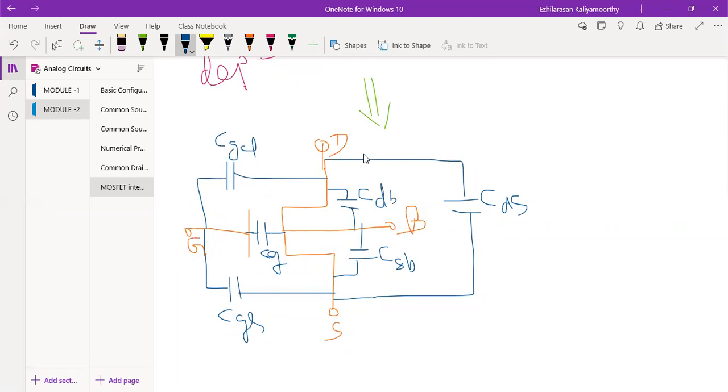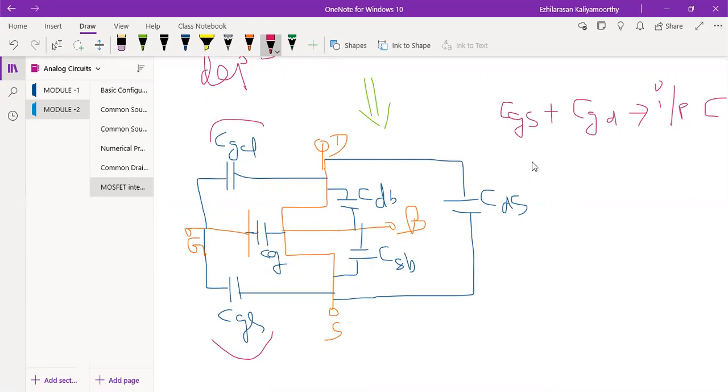So now from this we can say CGS plus CGD. It means CGS, this one, and CGD. These two they can call as input capacitance.